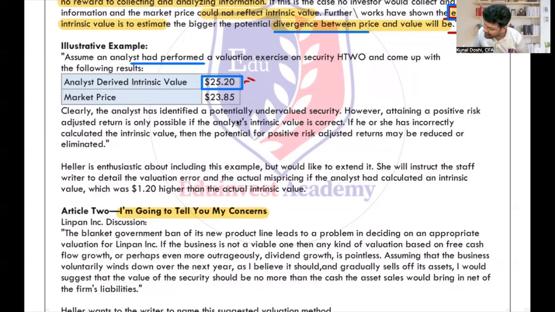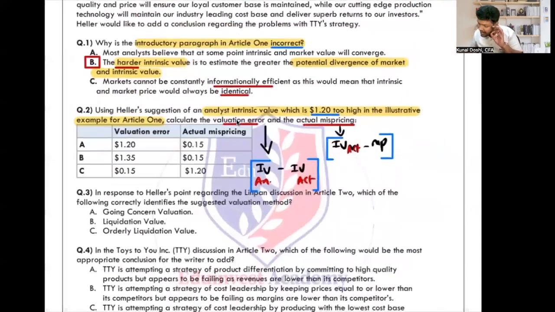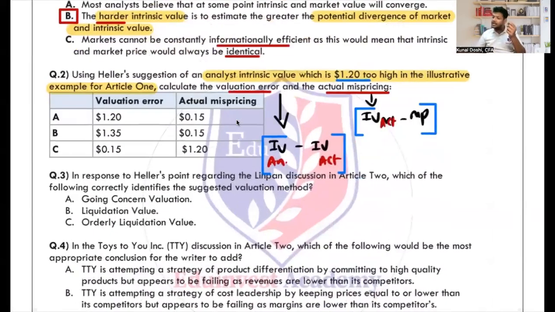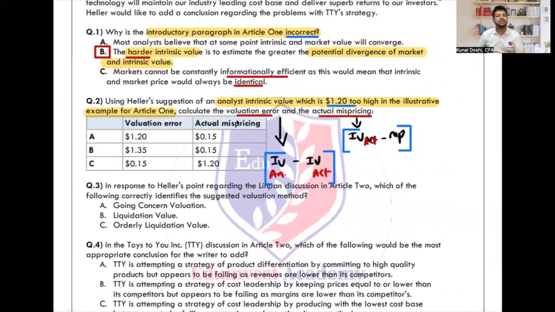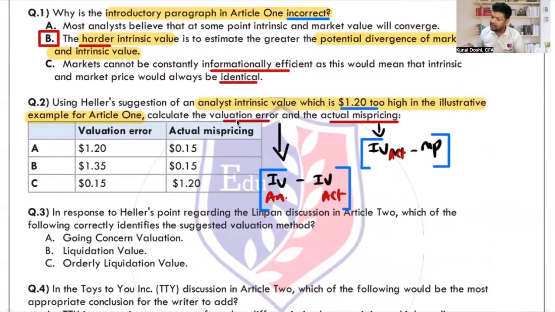This is intrinsic value as per the analyst, right? Correct. Now, the problem is that they said the actual intrinsic value is 1.2 higher than what the analyst said.